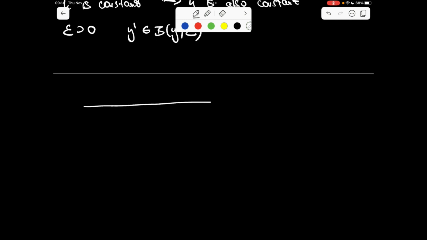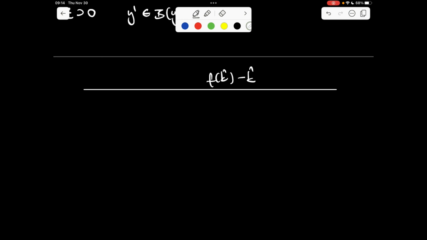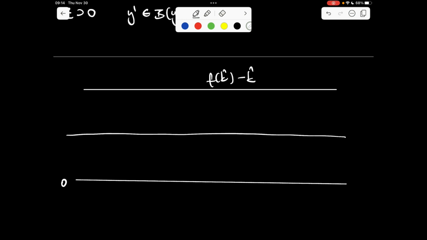So we have a constant production path, and this is the zero line. So somewhere in between we have this production path. This is also constant.